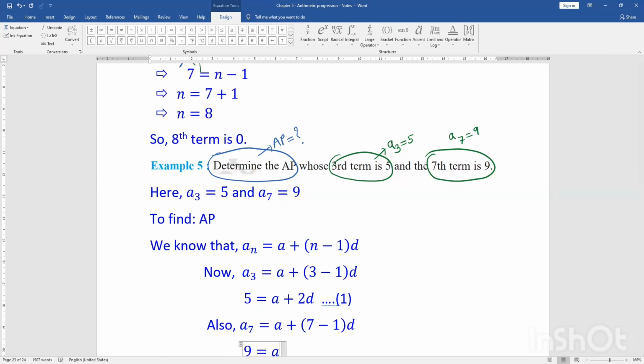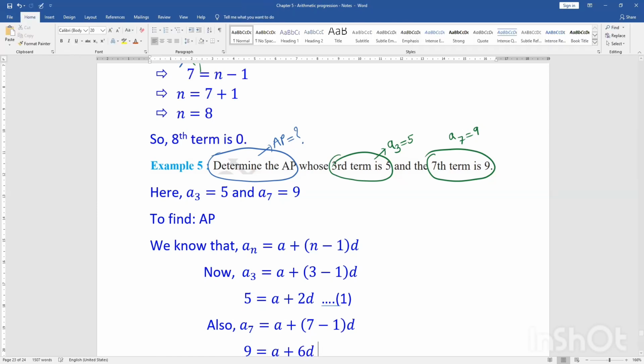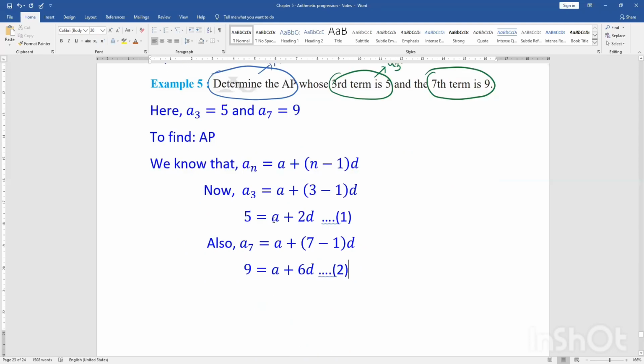So 9 equals A plus 6D. I'm going to call it equation 2.